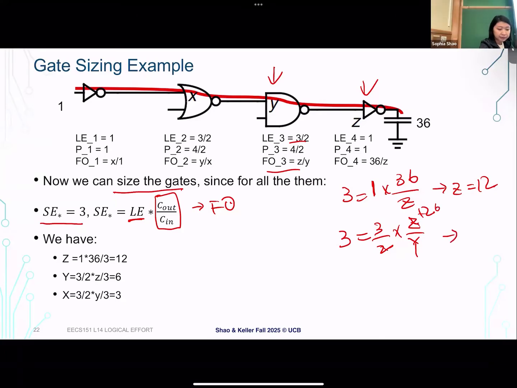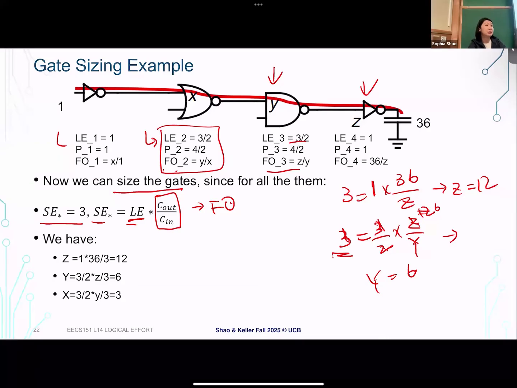The 3 also cancels out. Y is 6. Make sense what we did? As homework, you folks can do the X. You can repeat this process with the stage effort. You have all the terms here for the optimization you need.